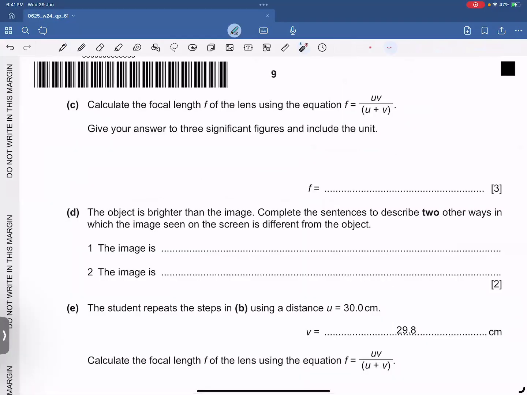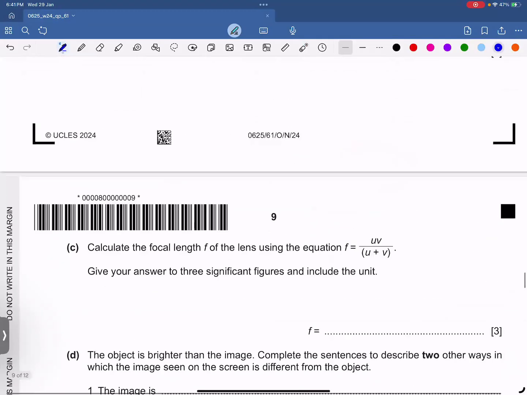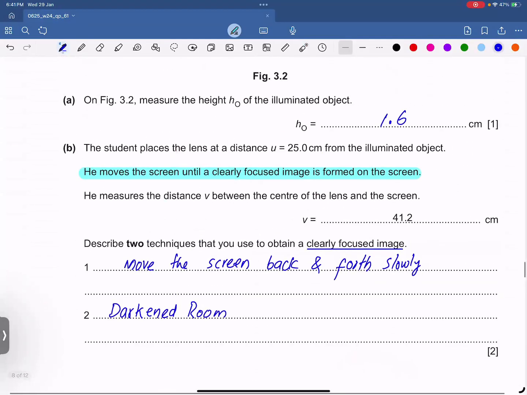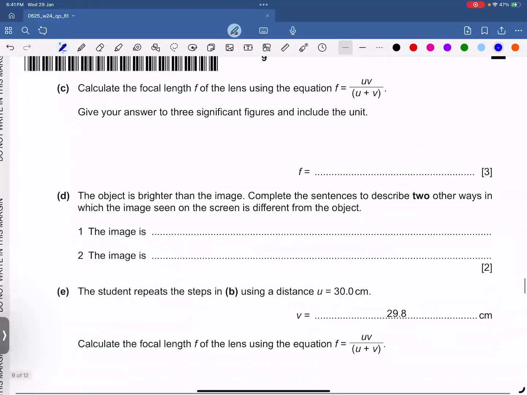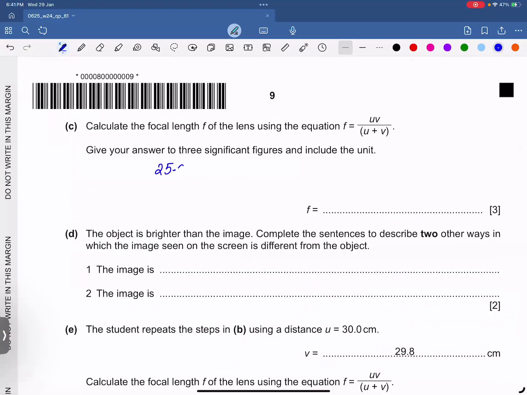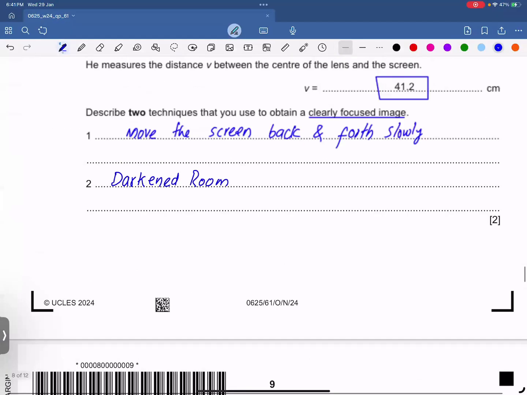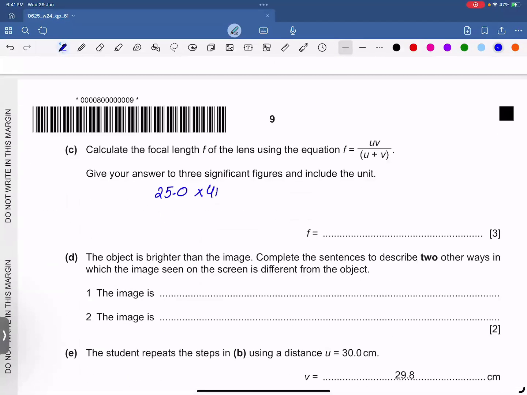Calculate the focal length f using this formula. So go to the previous page. They told you in the question that u is 25.0 centimeters and v is 41.2 centimeters. So 25.0 multiplied by 41.2 over 25.0 plus 41.2.